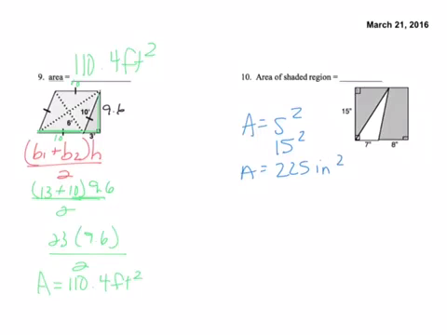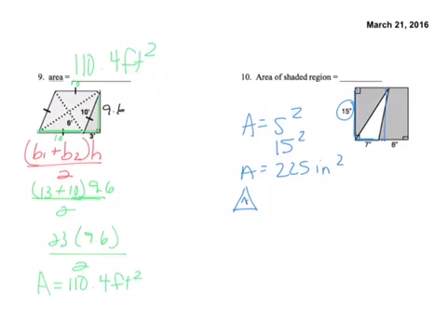Now I have to figure out, I can do it a couple different ways. I can figure out the area of the white and subtract it out, which I think is probably the easiest, so that's what I'm going to do. I'm going to consider this the base of my triangle, and 15 is my height, the distance from here to here. So I'm going to put a triangle symbol here.